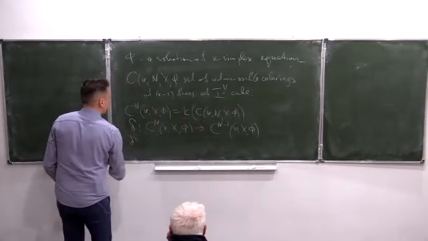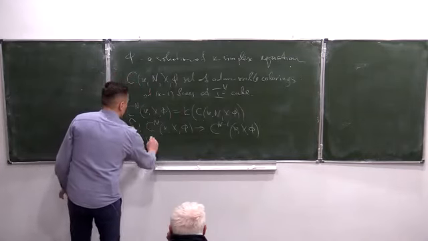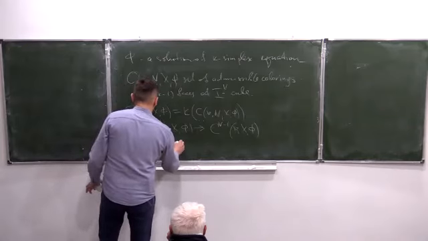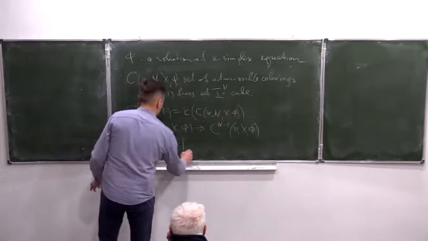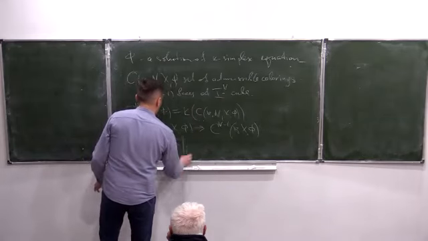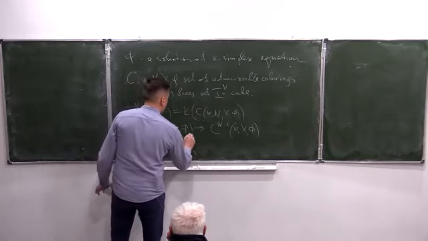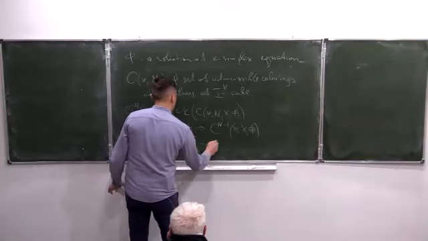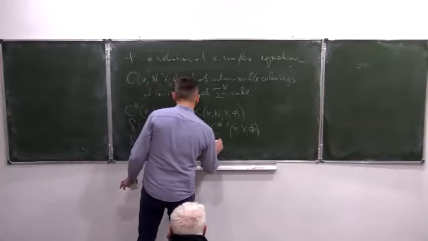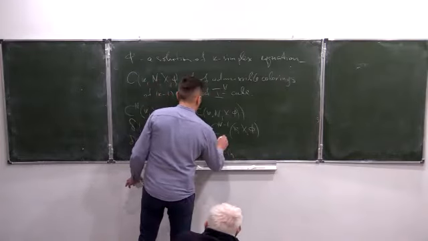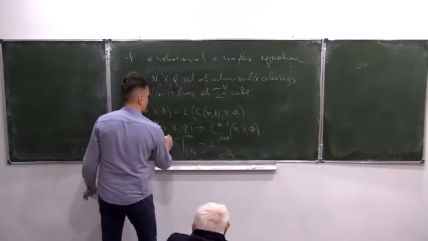So delta of C is the sum of C restricted to the ith incoming boundary minus C restricted to the ith outgoing boundary.